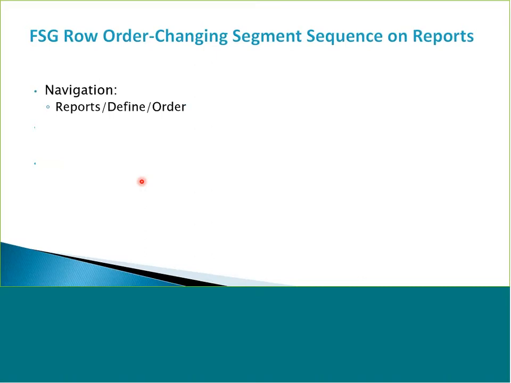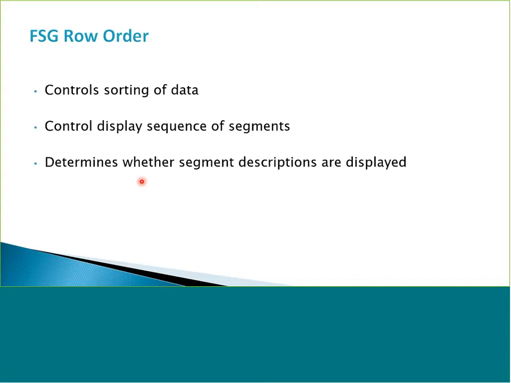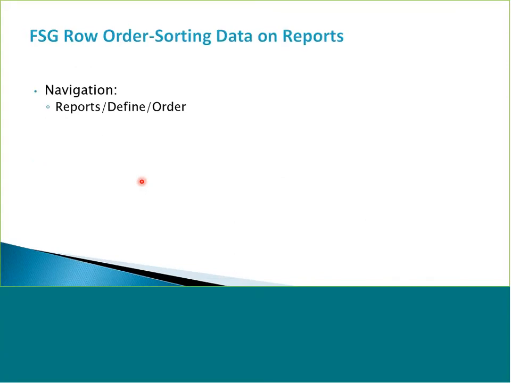So we have already looked at how to hide and display segments by using the row order in our previous lesson. So in this lesson, I would like us to look at how to sort data on FSG reports by using the row order.